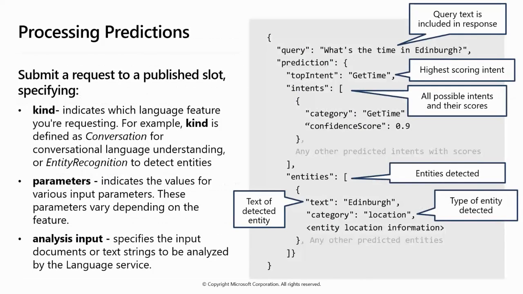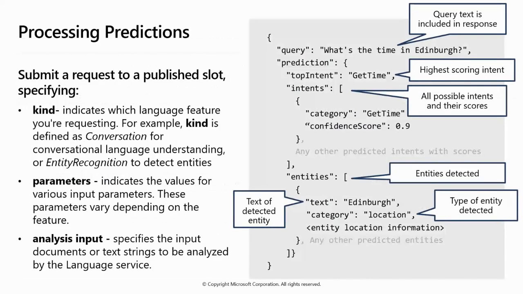The prediction results include the query utterance, the top or most likely intent, other possible intents with their respective confidence scores, and the entities that were found. Each entity has a category and, if necessary, a subcategory, as well as a confidence score. The results might also show any other intent that could be a match, as well as information about where each entity is in the utterance string.